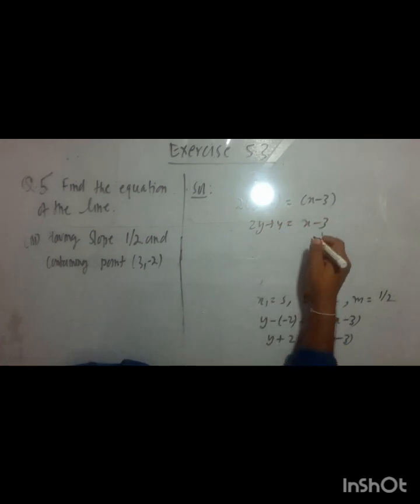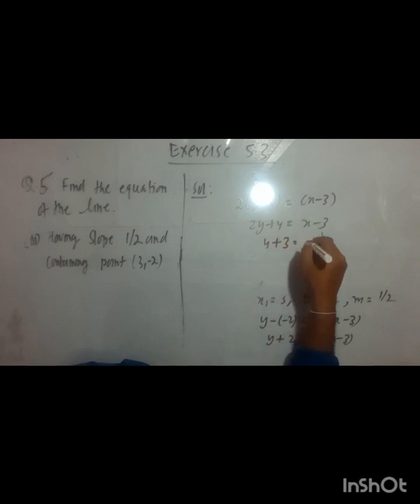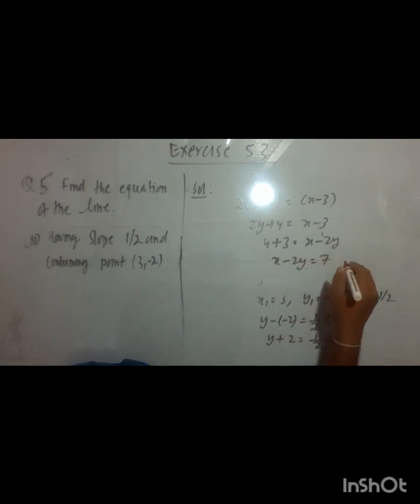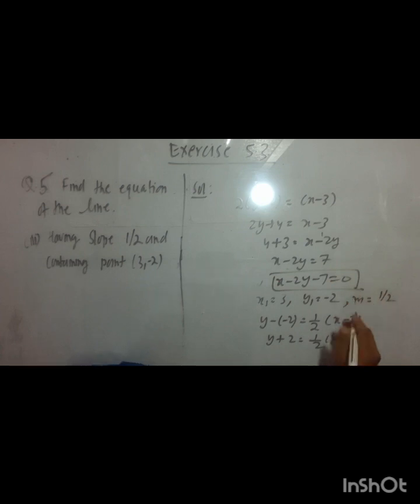Better we take this 2y on that side and 3 on this side. So 4 plus 3, and x minus 2y. So it will be x minus 2y is equal to 7, or x minus 2y minus 7 is equal to 0, will be the equation of the given line.